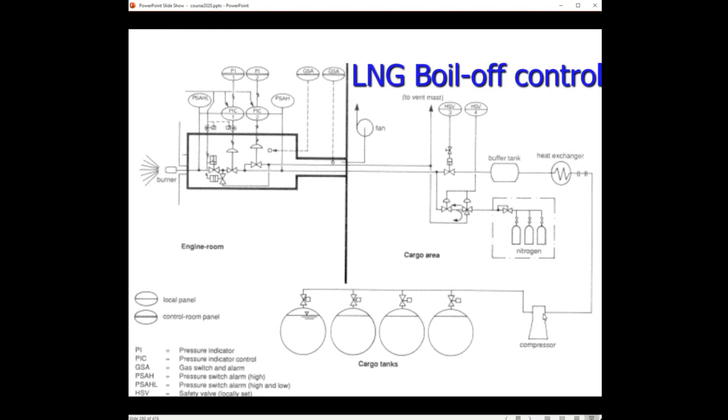By this low-duty compressor, the boil-off gas is pushed to a heat exchanger, warmed up to the required temperature, and then stored in a buffer tank, whereof the pressure will immediately regulate the capacity of this compressor. And the pressure here depends, of course, on the consumption needed or required by the machinery.